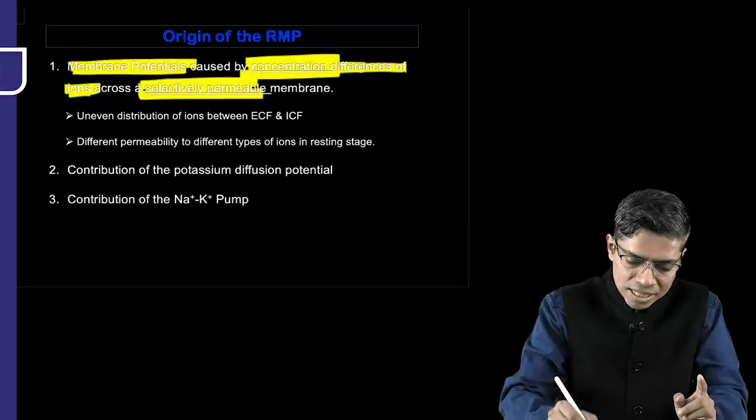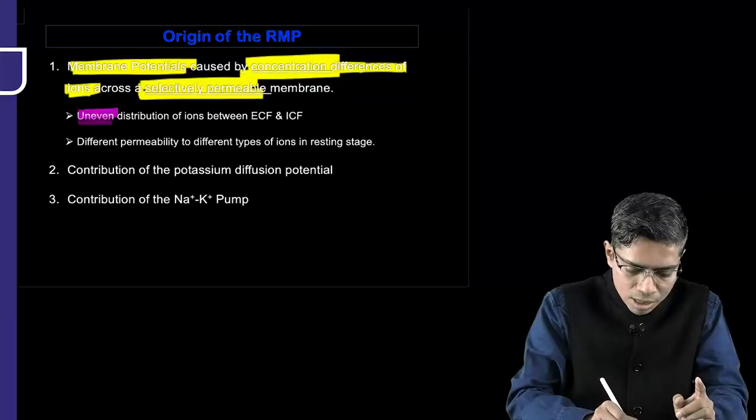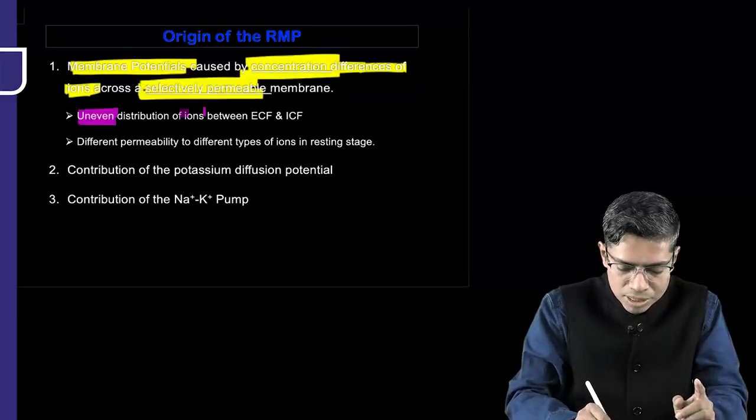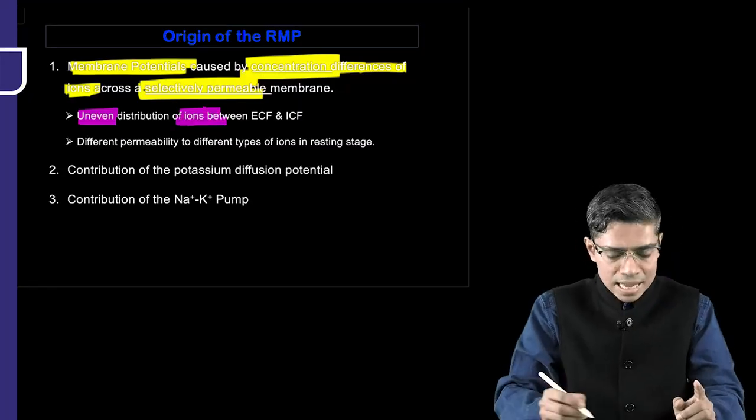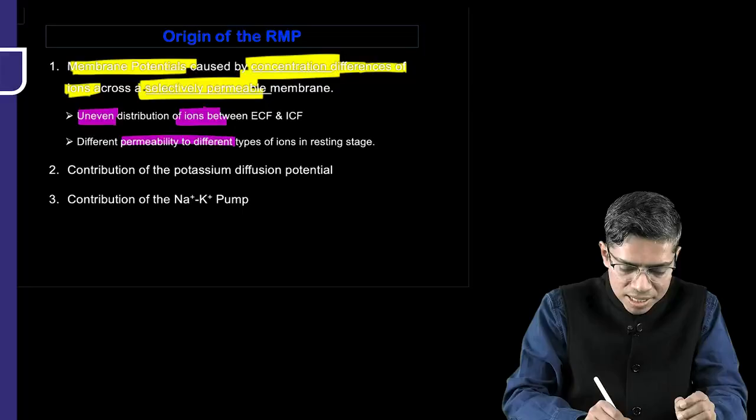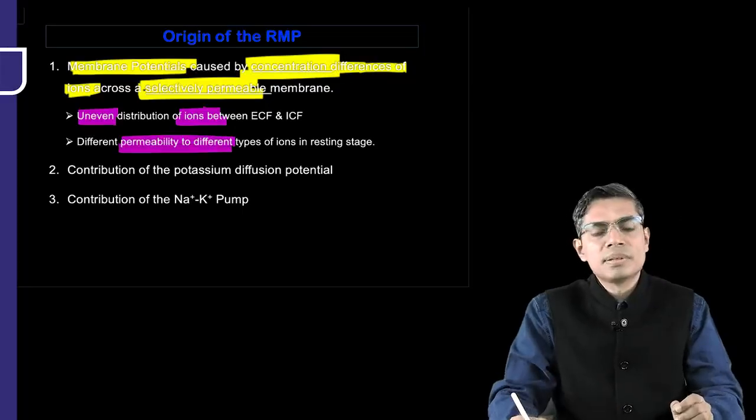So, two basic conditions: there is an uneven or unequal distribution of ions between the ECF and ICF, and second, the membrane should be differentially permeable or selectively permeable for different ions, right?